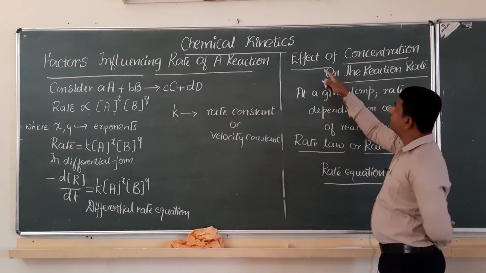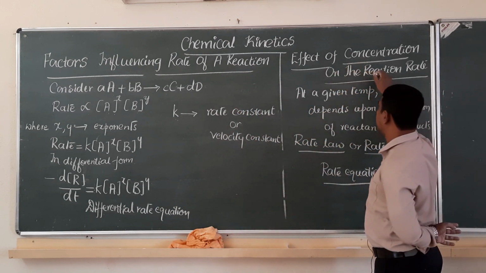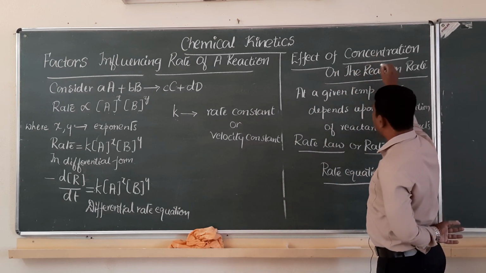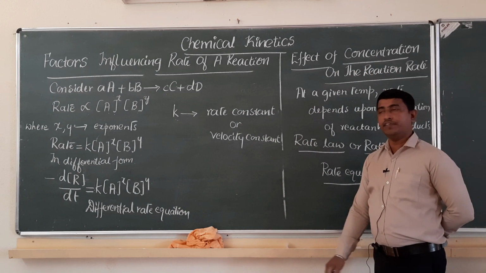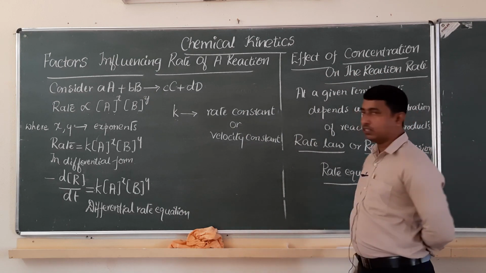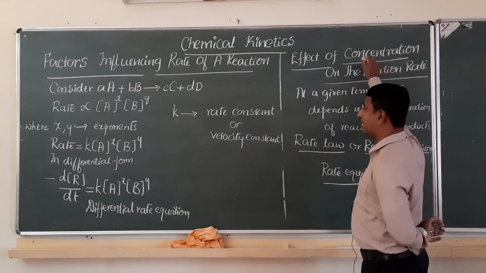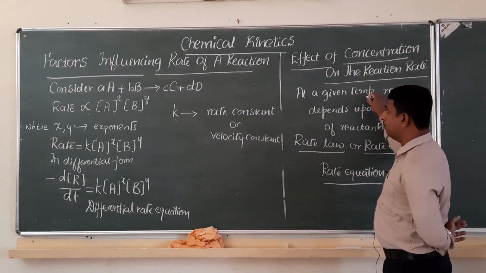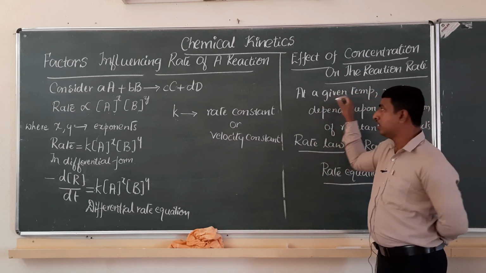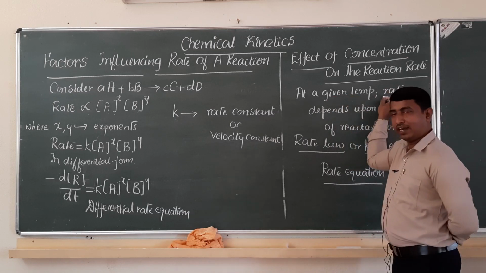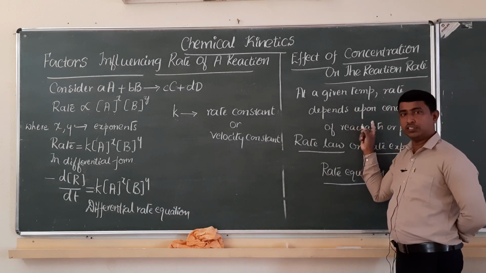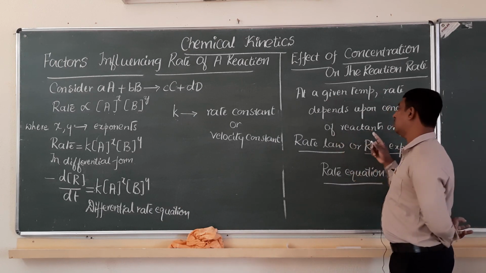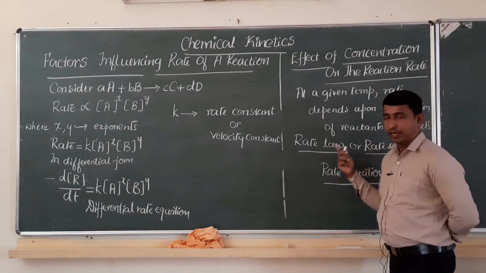Next we went to the effect of concentration on the reaction rate. The effect of concentration on the reaction rate is given by a law. That law is called the law of mass action. What does it say? At a given or constant temperature, reaction rate is directly proportional to the concentration of any one of the reactants or any one of the products.